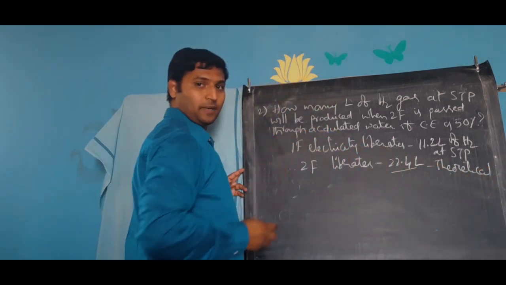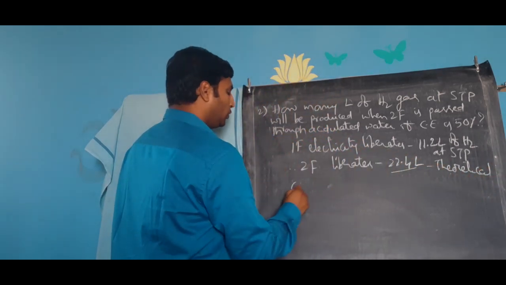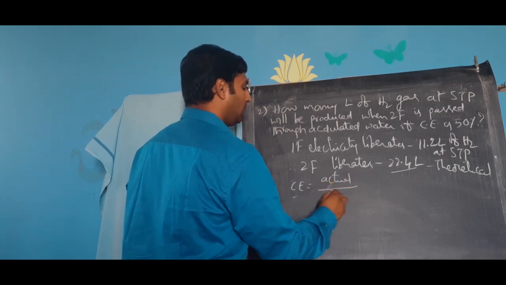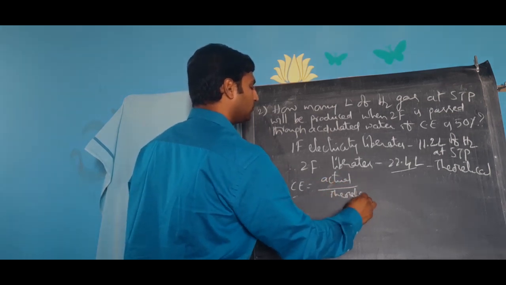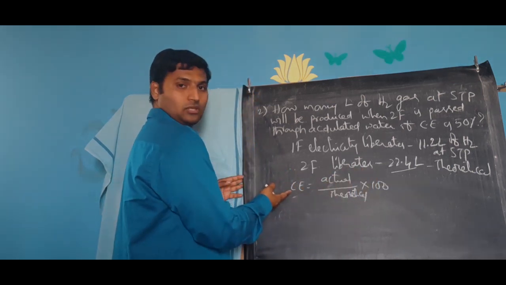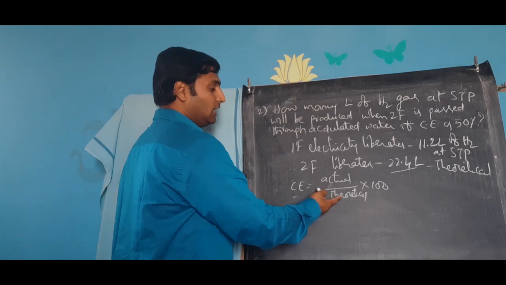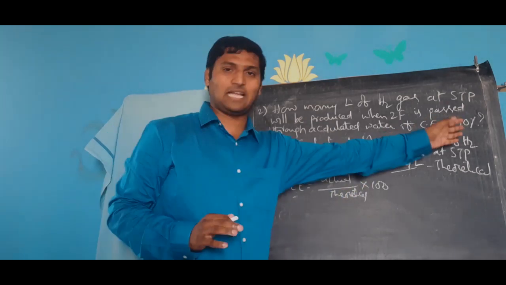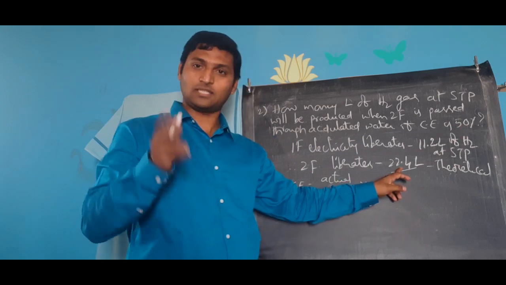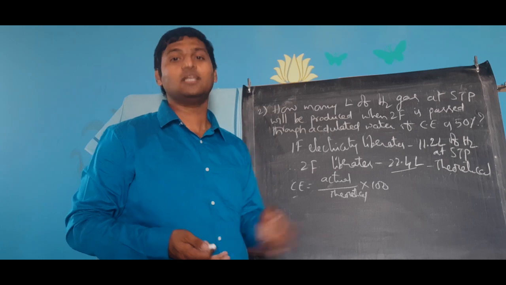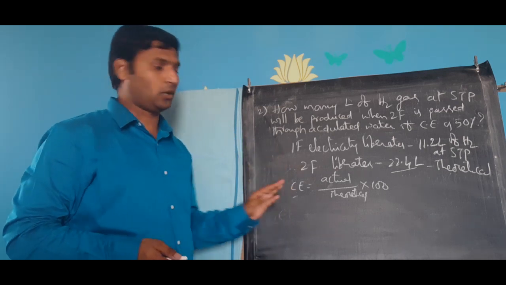So this is the expected. Now, you know very well current efficiency is equal to actual by theoretical yield into 100. Now he has told you the current efficiency is just 50%. Theoretical yield you got is 22.4. We can just tell now: 22.4 liters was expected, but if the efficiency is just 50%, it will be 11.2 liters. But I'll put it in the form of an equation.